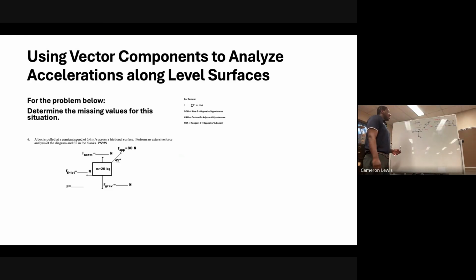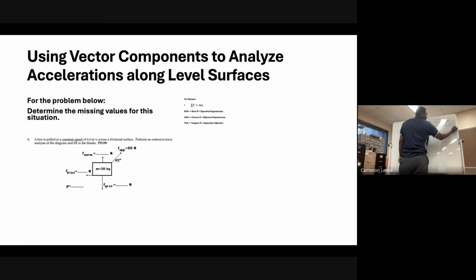Now, real quick, let's do an easy one. Which force can we find real quick? Gravity. This is equal to mass times acceleration due to gravity, which is 20 kilograms times 9.8. What's 20 times 9.8? 196.